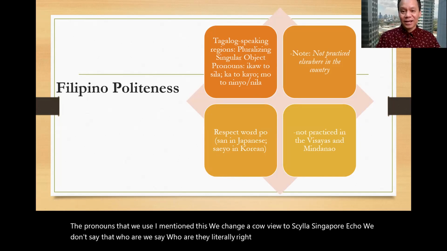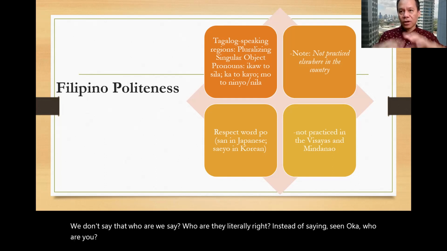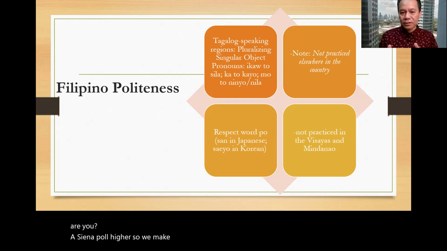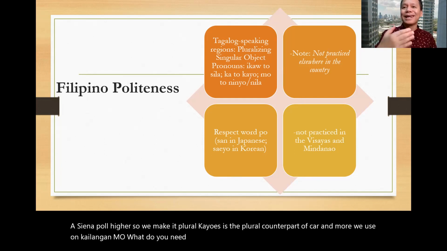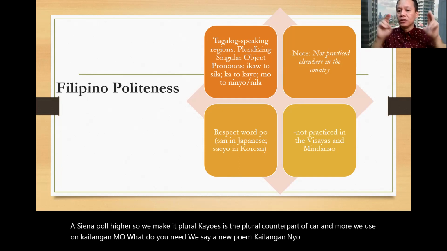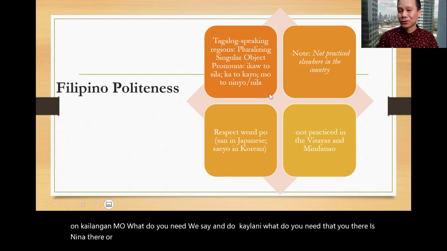Instead of saying ka, sino ka? Who are you? Sino po kayo? So we make it plural. Kayo is the plural counterpart of ka. And mo, we use, anong kailangan mo? What do you need? We say, ano po ang kailangan ninyo? The "you" there is ninyo. Or you say nila, the more impersonal.